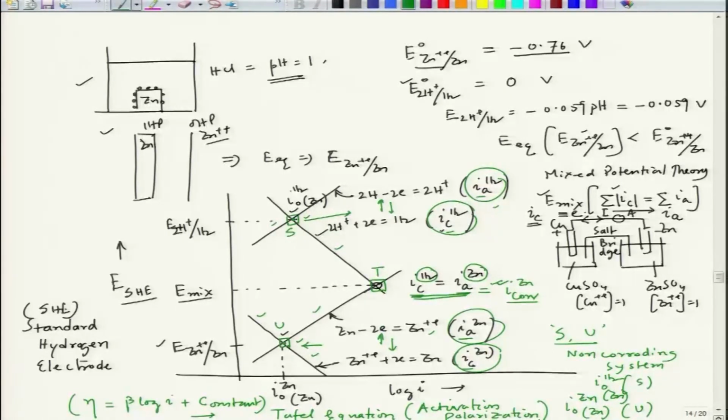Fine. So, this is the connection between activation polarization and mixed potential theory for a simple system.